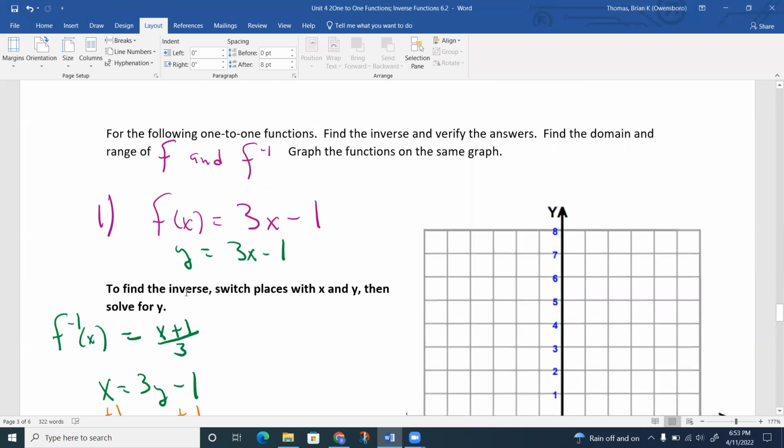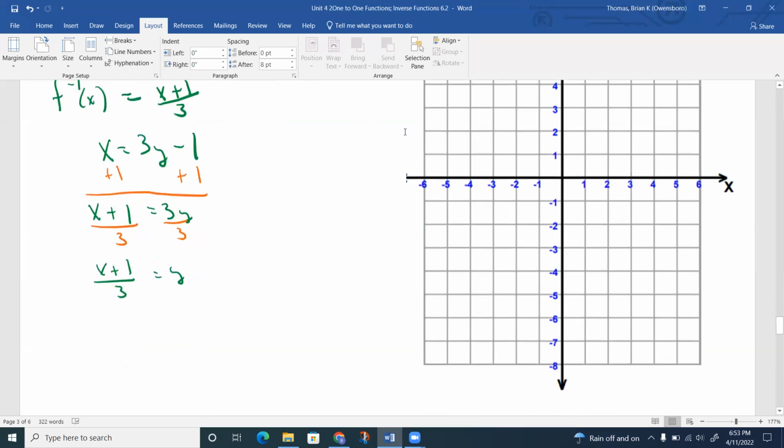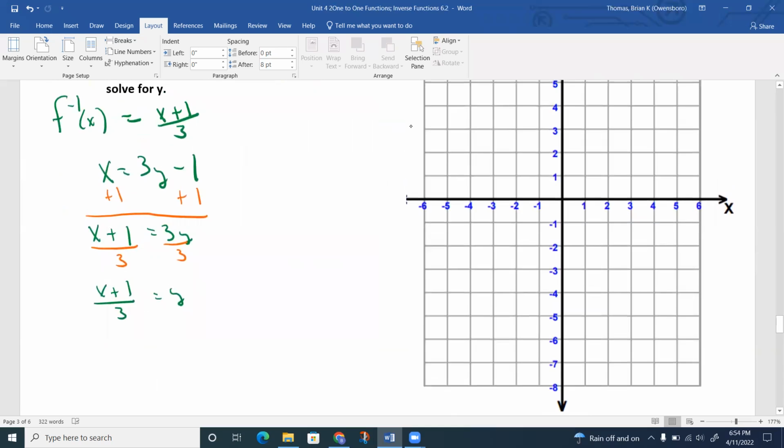Before I go further, I want to go ahead and verify these answers. So f of x is going to be this 3x minus 1. For f inverse of x, I'm going to let g of x equal that.